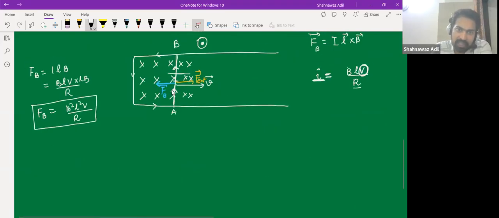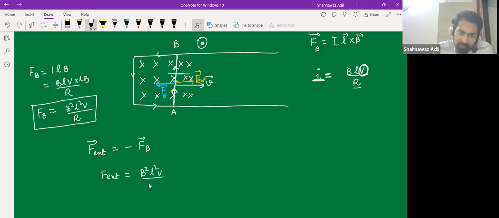And I am saying that I want this velocity to be fixed, so I am applying an F external, which is equal to minus of F magnetic. So the magnitude of this F external is how much? This is B square L square V by R. Is this part clear, everyone?